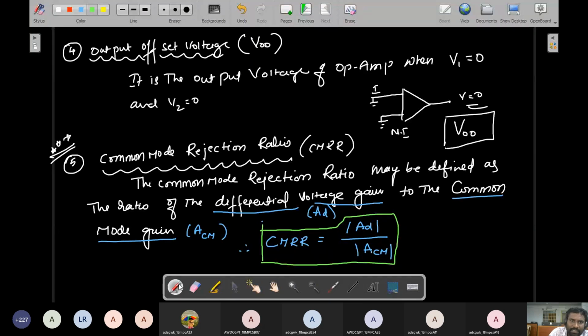Okay, moving to the next page. So here the differential voltage gain AD.